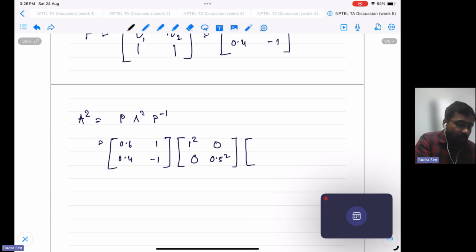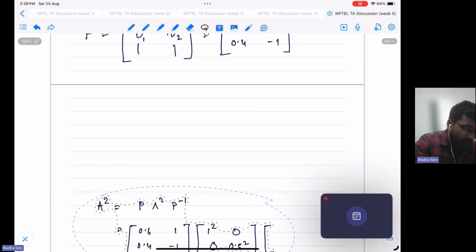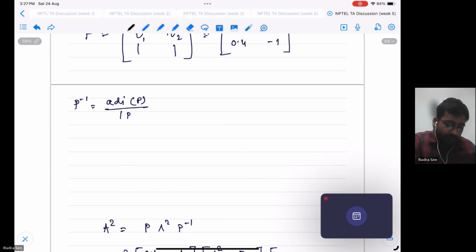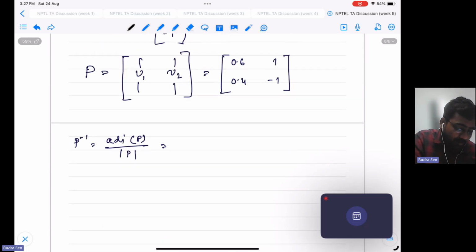So what is P inverse? We have to find out the P inverse first, so let's put this aside. P inverse equals adjoint of P divided by determinant of P, right? The determinant of P is 1 by minus 1.